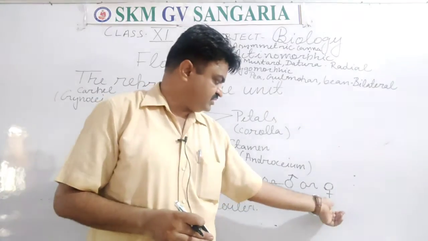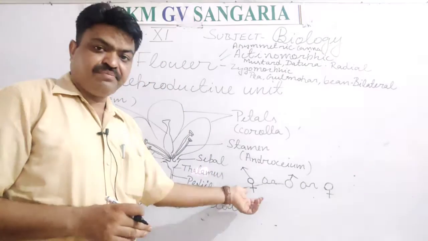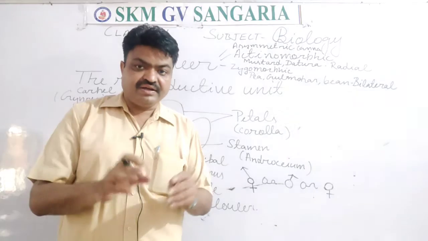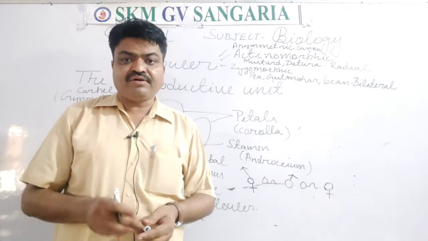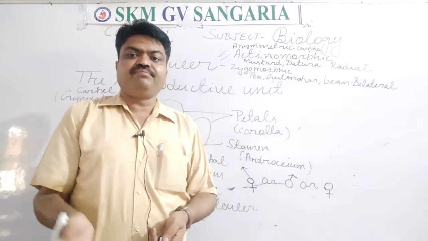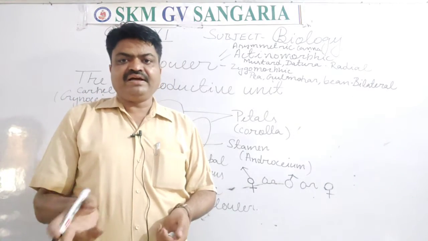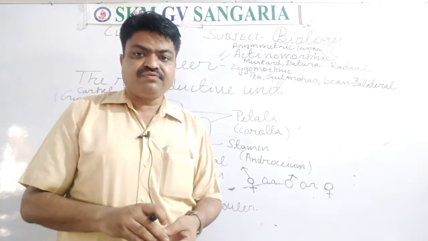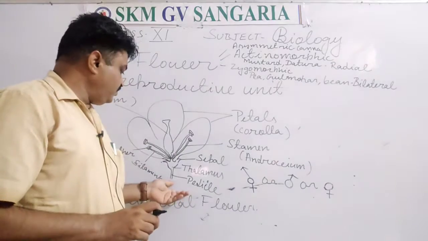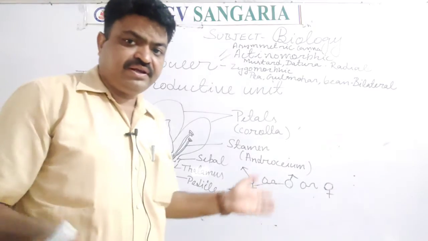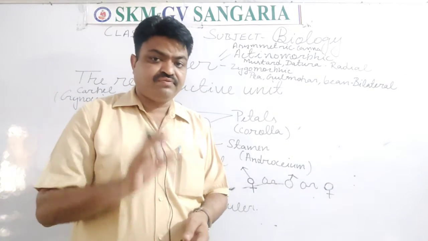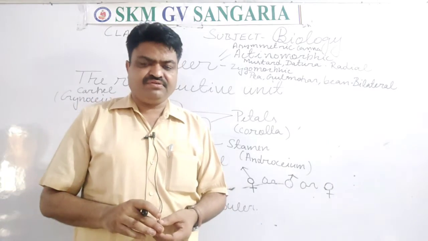So these are the symbols of the flower, student, and how we categorize them. We categorize them according to the presence of reproductive organ. If they contain only one organ, then those flowers are known as unisexual flowers. If they contain both male and female reproductive organs, then those flowers are known as bisexual flowers.